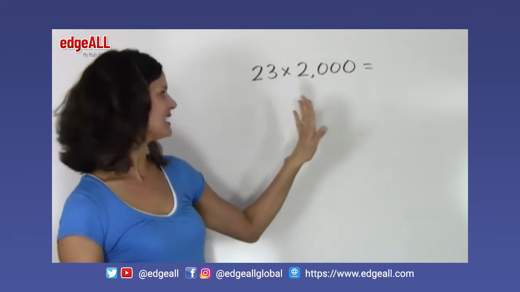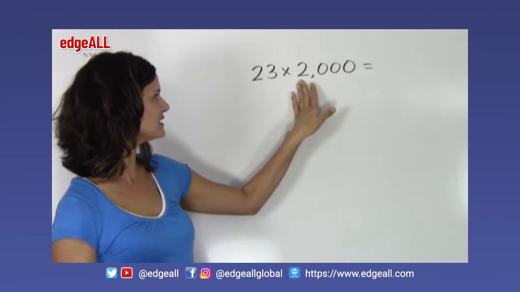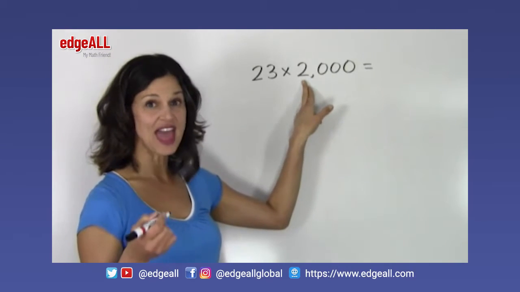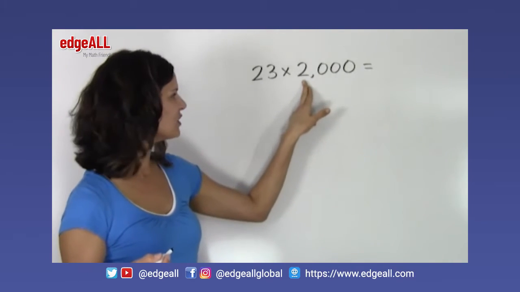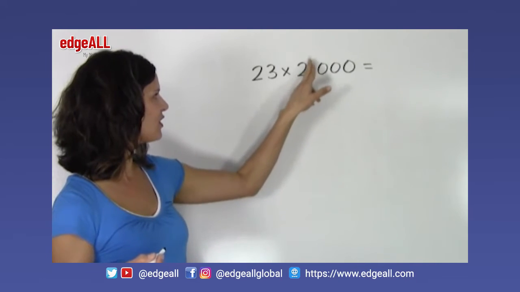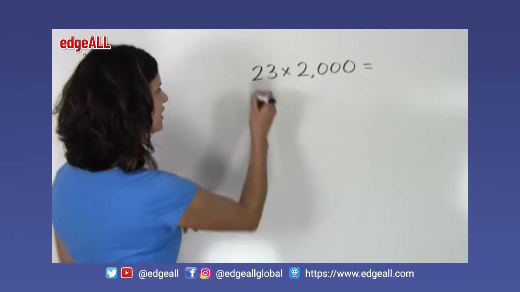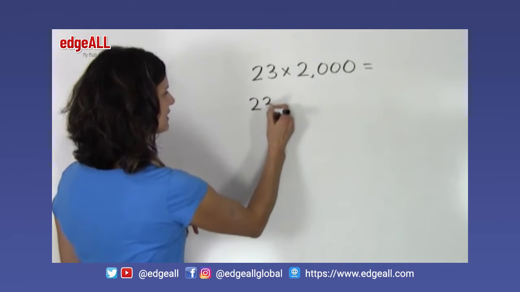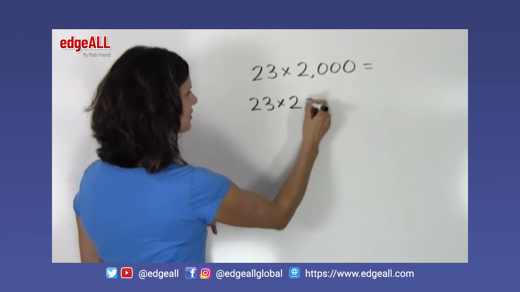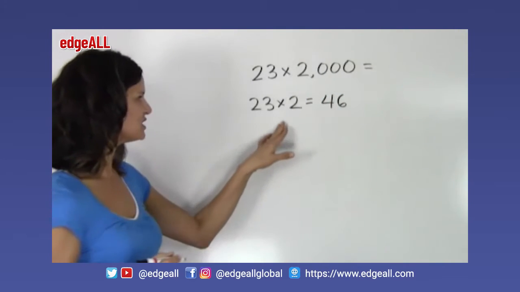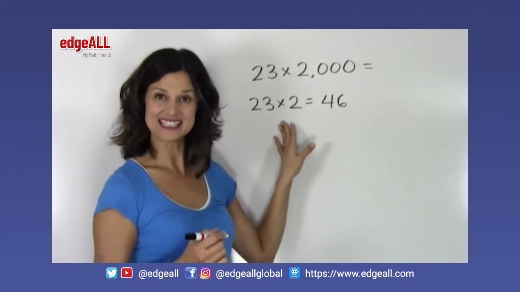But in this case, when I have a number that's a multiple of 10 but begins with a number other than 1, what I do is I multiply together the non-zero digits. So first I'm simply going to multiply together 23 times 2. Well, 23 times 2 equals 46.